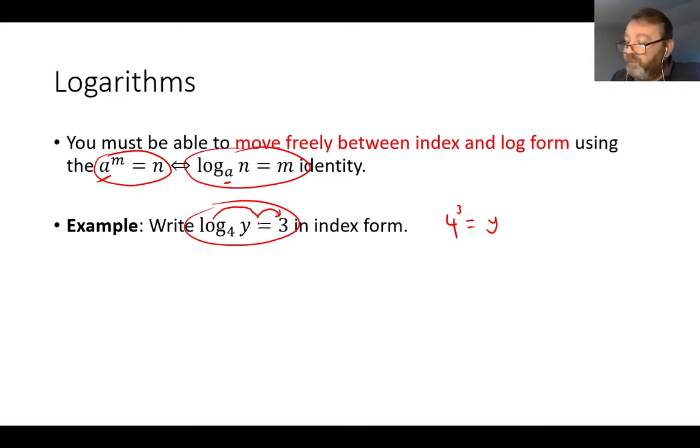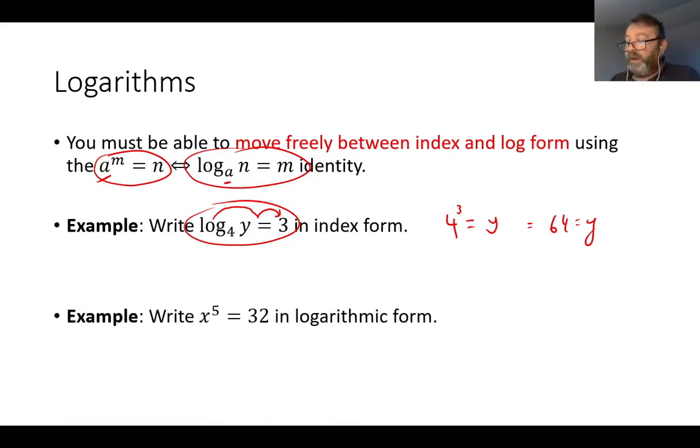What's the base of the log? The base of the log is 4. Therefore, the base of the index form will be 4. The log reveals the power. So therefore, if 4 is the base, 3 is the power. And lastly then, when you've put the 4 and the 3 together, on the other side of the equation will be y. And if we were asked to solve this, we could simply say, well, hold on a second, 64 is equal to y, because 4 by 4 is 16, by 4 is 64.